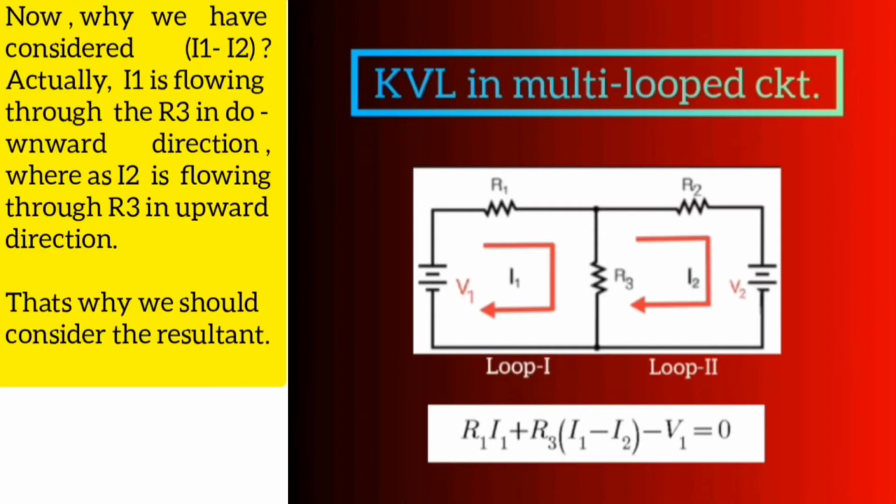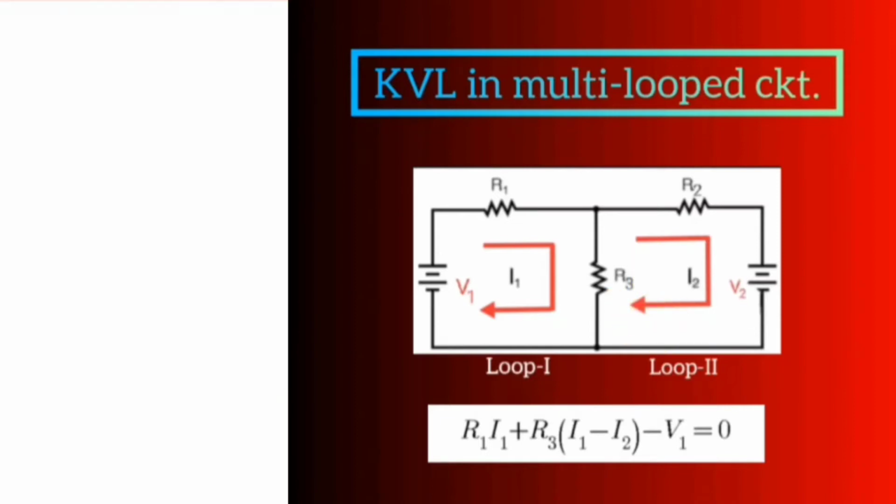Now, why have we considered I1 minus I2? Actually, I1 is flowing through R3 in the downward direction, whereas I2 is flowing through R3 in the upward direction. That's why we should consider the resultant.